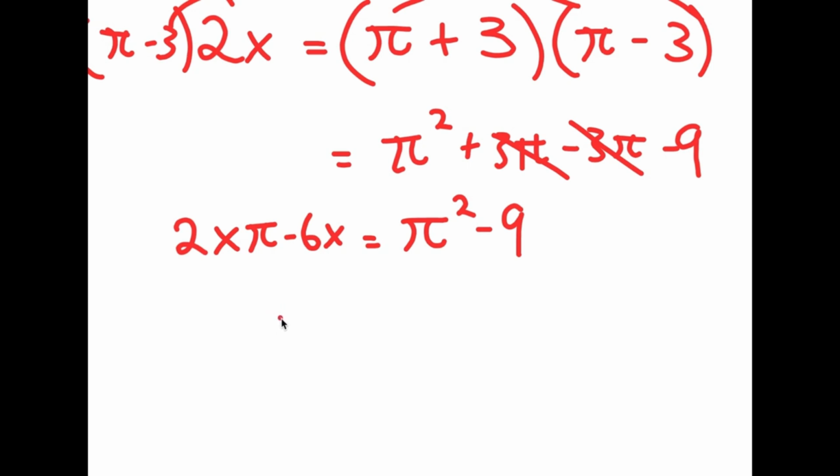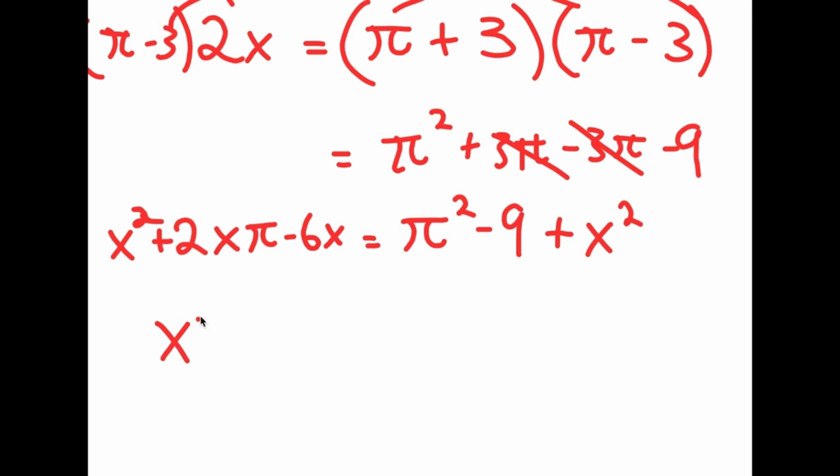And now from here, I'm going to add x squared on both sides. So I have x squared plus 2x pi minus 6x is equal to pi squared minus 9 plus x squared. And let me just reorder this real quick.